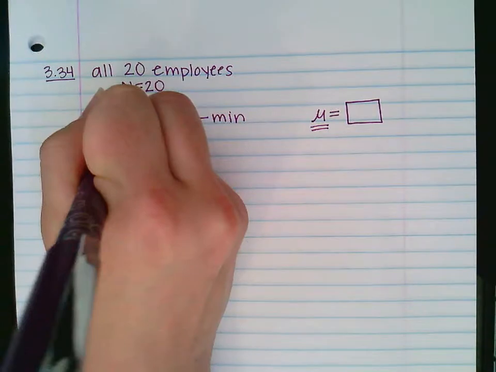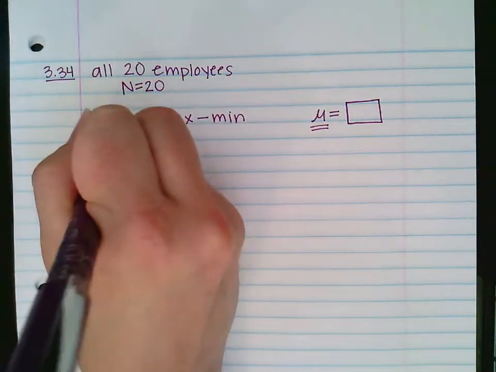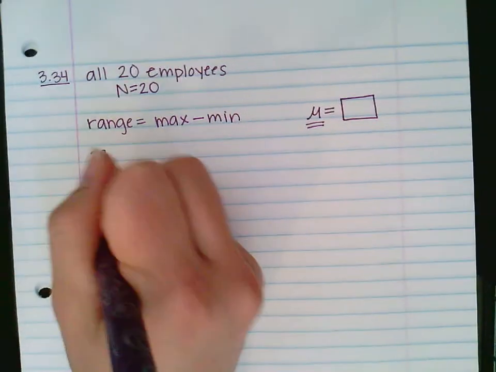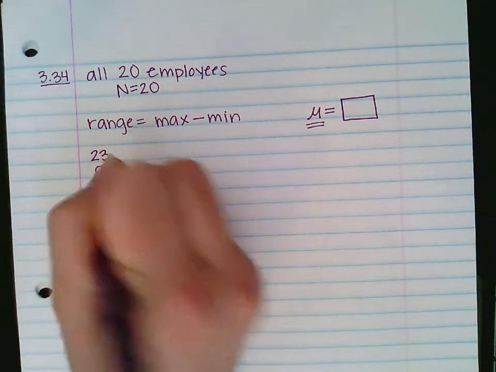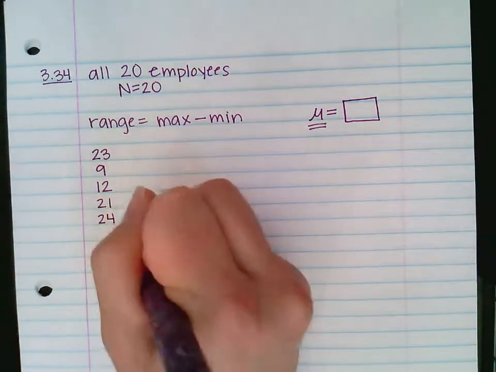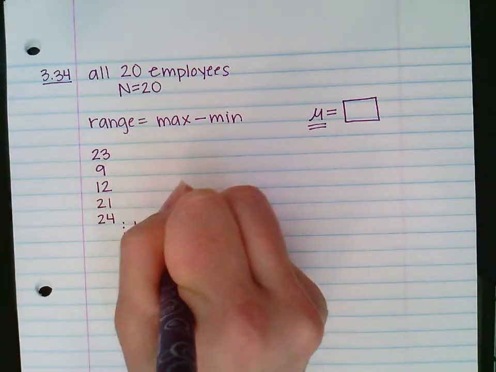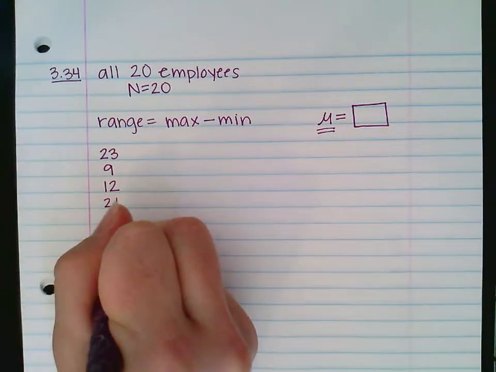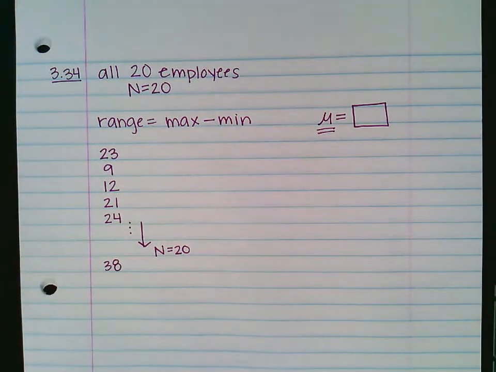So 23, 9, 12, 21, 24. Okay, and so on and so forth. All the way down. There's 20 people, all the way down to 38 at the end. Okay.